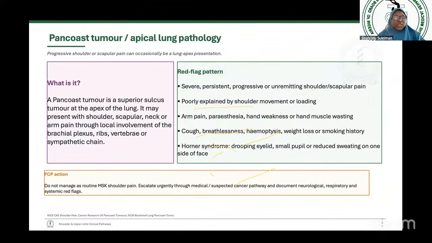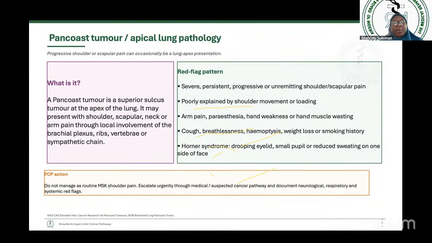Arm pain, paresthesia, hand weakness, or hand muscle wasting can also be present. The patient might present with cough, breathlessness, hemoptysis, weight loss, or a smoking history, and we should suspect an apical or Pancoast tumor. So when they come in with shoulder pain, we definitely need to screen for that as well.